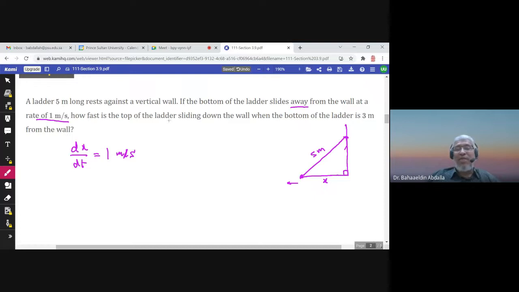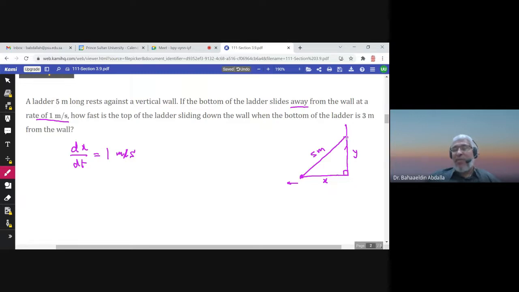How fast is the top of the ladder sliding down? Now, when the ladder moves in this direction, the top of the ladder will go down, okay, sliding down. So if we call the distance from the top of the ladder to the ground y, then this y is changing every second.